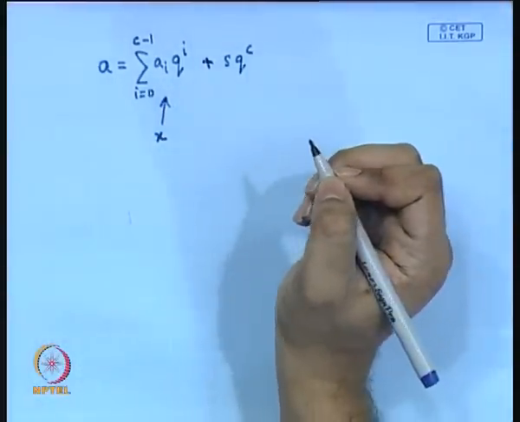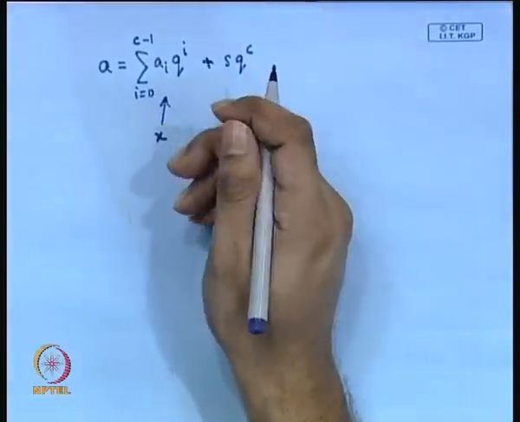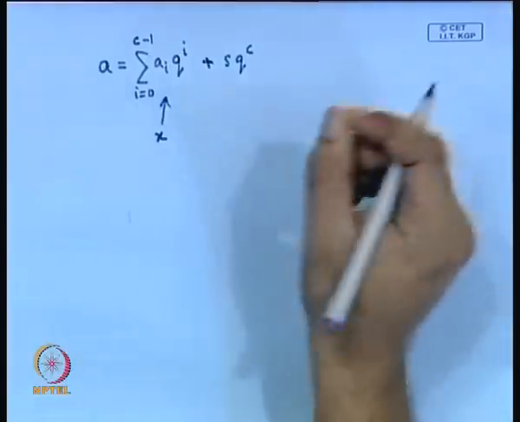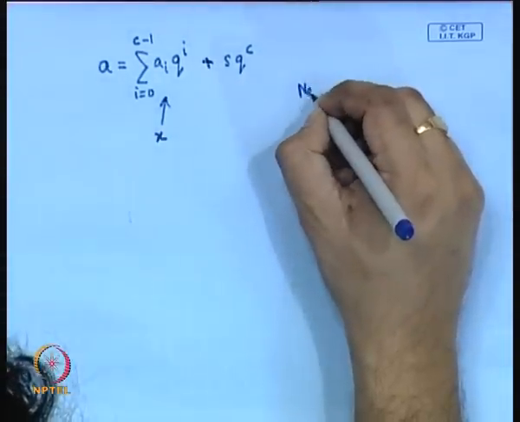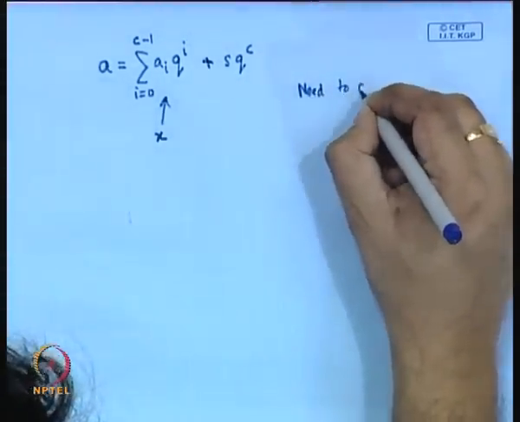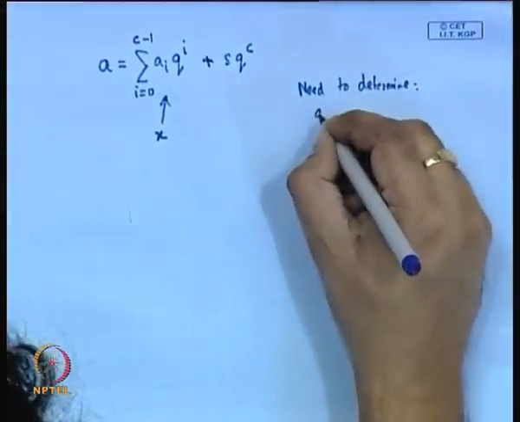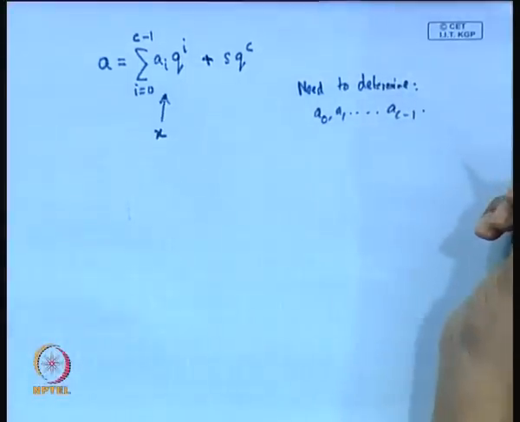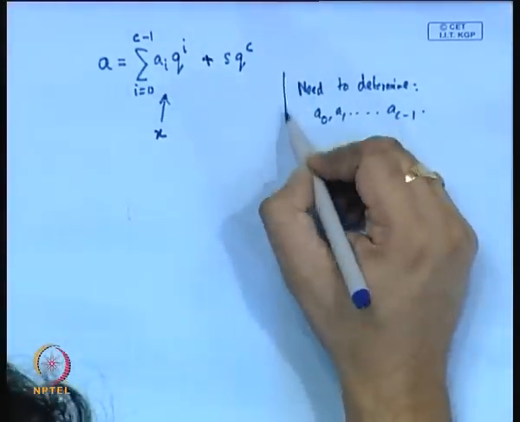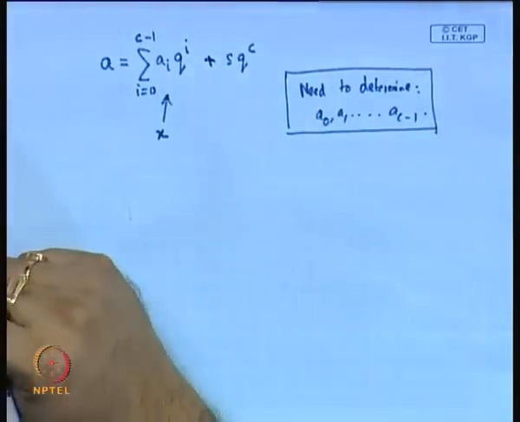So our objective, if you want to find the value of x, will be to find the values of all these ai's, a0 to a c minus 1. So we need to determine a0, a1 and so on till a of c minus 1. We need an algorithm through which we can determine a0 to a c minus 1.